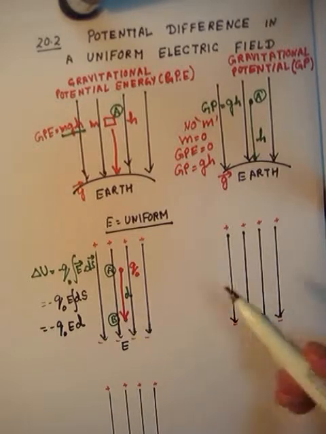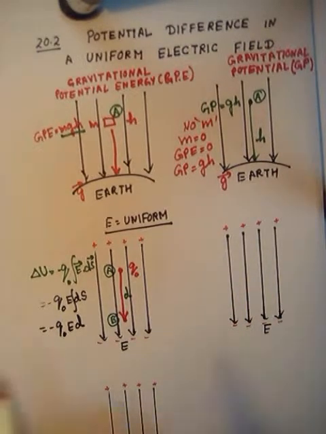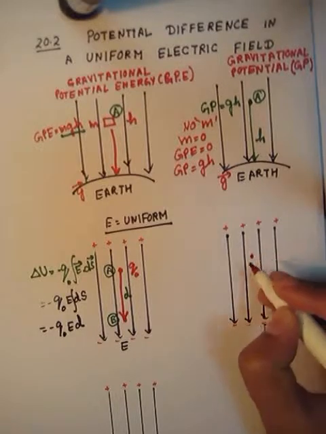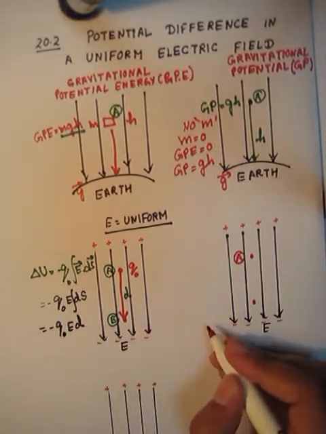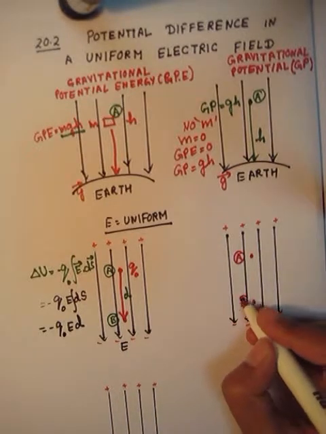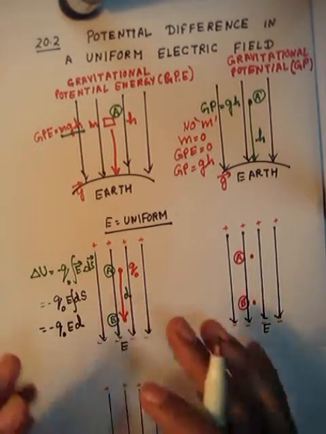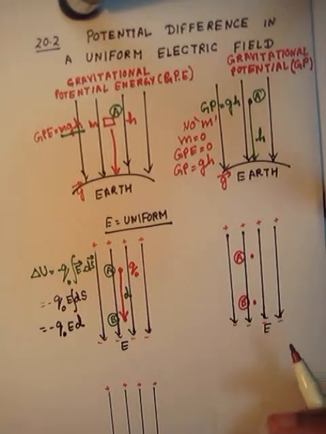On the other hand, suppose there is nothing here and this point is A. Actually it is the same electric field and the same points, but to make it simpler I have drawn it in two different diagrams.